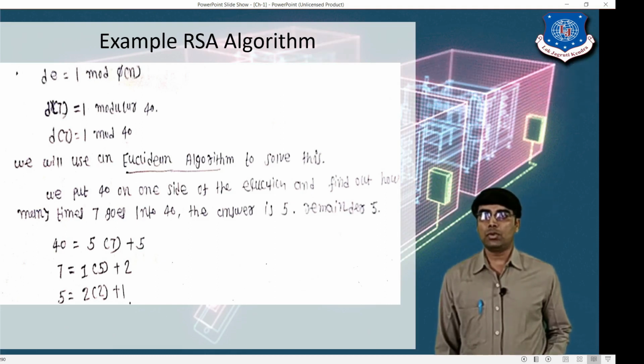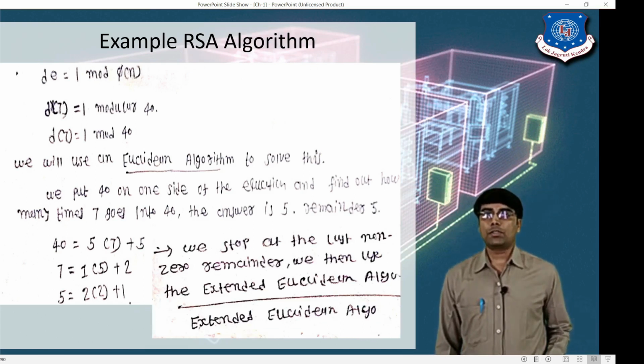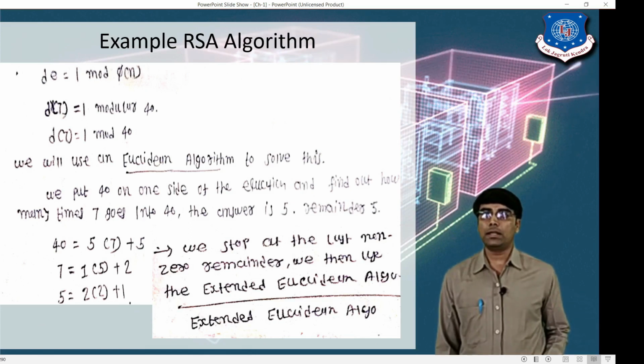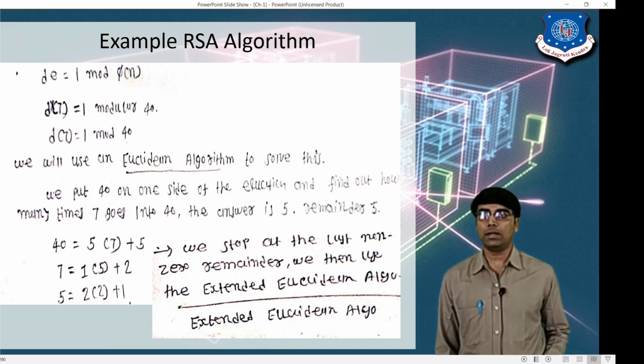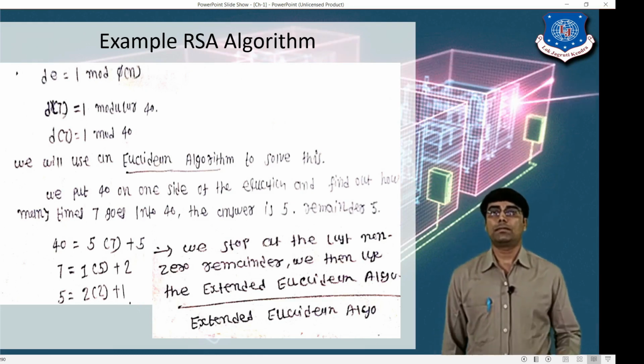The answer is 2 and the remainder is 1. Now we stop. Where do we stop? We stop at the last non-zero remainder. Here the non-zero remainder is 1.